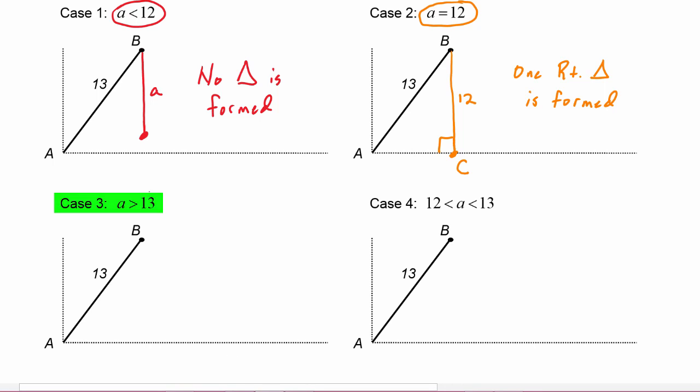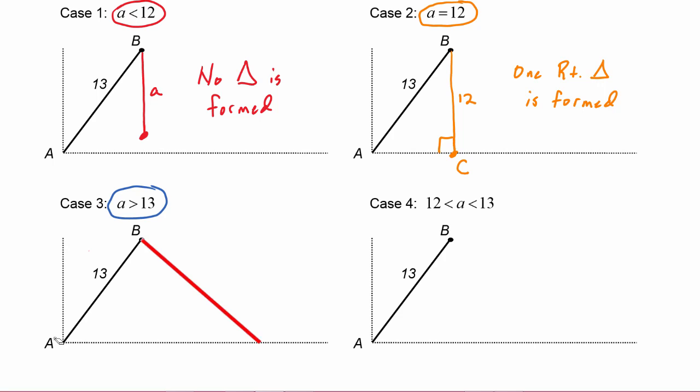Next, let's look at the case where a is greater than 13. So that means side a will have to be longer than this side, which is 13. If we put that in our picture, and then rotate it so that the end point of side a lands on the positive x-axis, we can see that we are going to get a triangle.